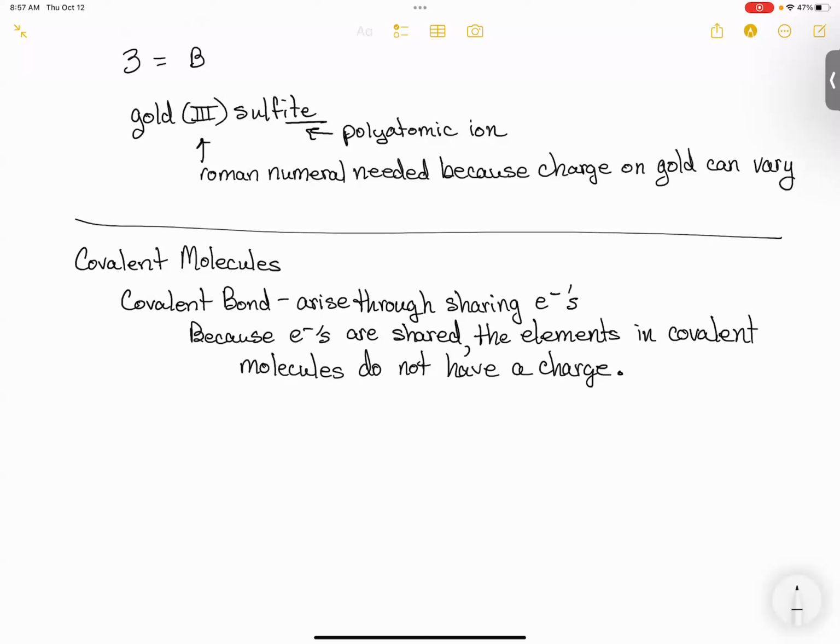And there is a relationship between the charge and the number of valence electrons. And so there's a lot of overlap, but what I want you to know is when it forms a covalent molecule, they don't actually have charges.